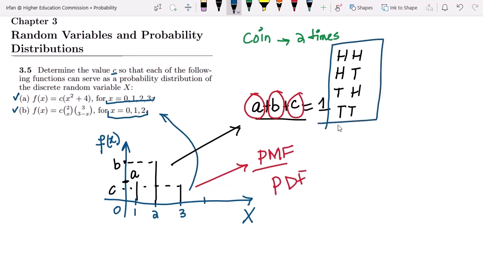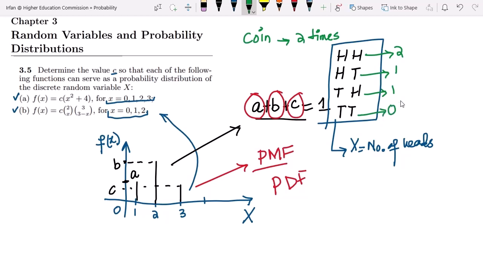Let me have x, which is a random variable, and let me call it the number of heads. We can very clearly see that the number of heads here is 2, here it is 1, here it is again 1, and here it is 0. These are basically numbers.